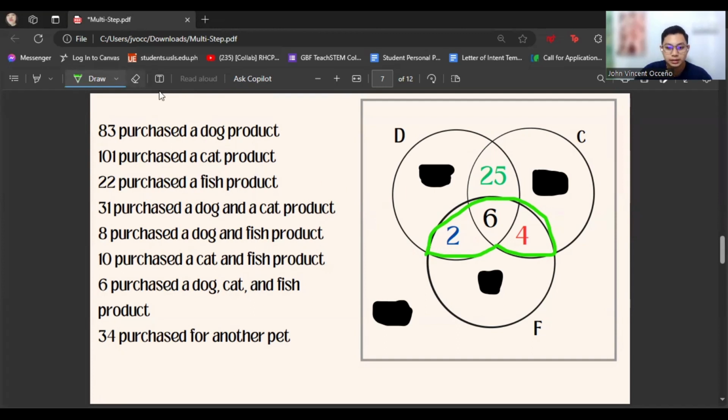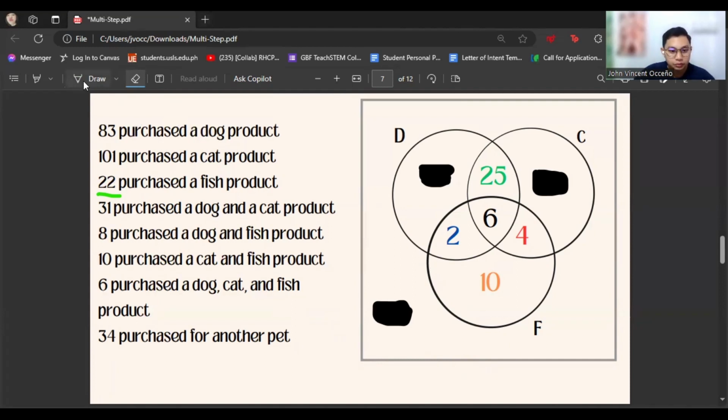We should also base it on those. So we just add 2 plus 6 plus 4. So we get an answer of 12. And 12 will be subtracted from 22. So the answer would be 10. So 10 people purchased a fish product only.